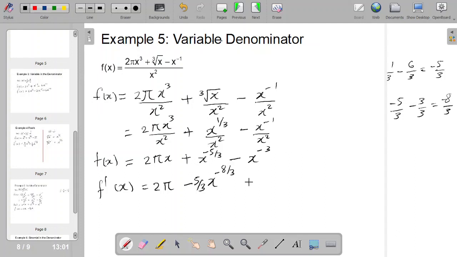Negative times negative will be positive. 3 times 1 is 3, x to the minus 4. So it requires a bit of work, but it's worth it.